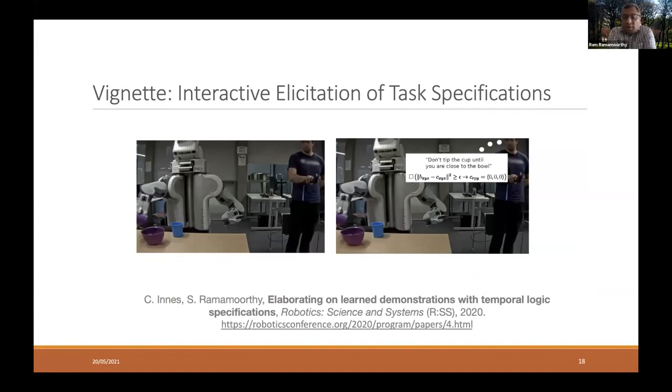We've done some work recently on finding ways in which, once a robot is being taught how to do a task, in this case the robot has learned how to do the task from demonstration, we can incrementally elaborate what that task is by giving additional task specifications as the robot goes along. And in this particular work, the technical device was to find an intermediate temporal logic form, which is then used to guide the learning process.